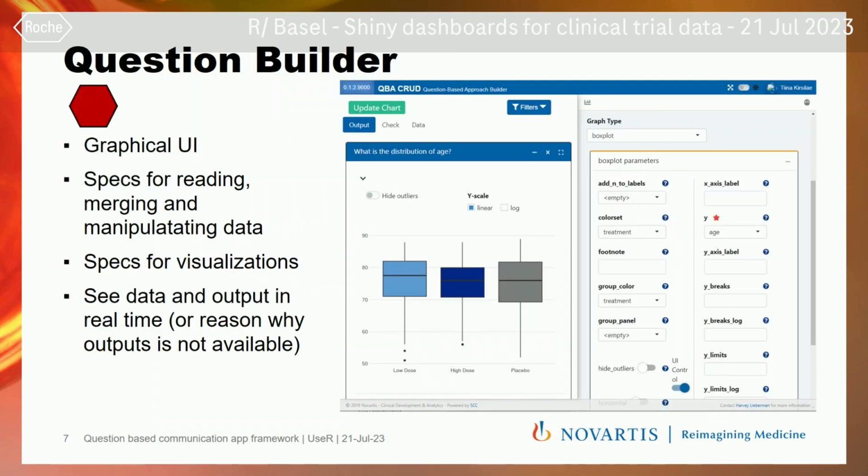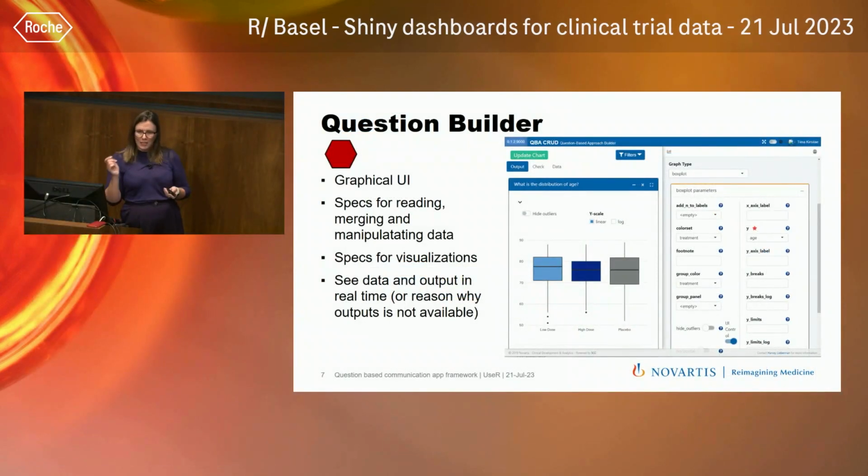And here is a glance of the question builder. This is the tool that the statistician would be using. It's not the same app as what the clinical team would be using, but a back-end app, if you will, used by the statistician to build the questions. It's a graphical UI, a Shiny app, as you can see. Here, the statistician would be defining the specifications for reading, merging, and manipulating the data, but this is done with the user interface.